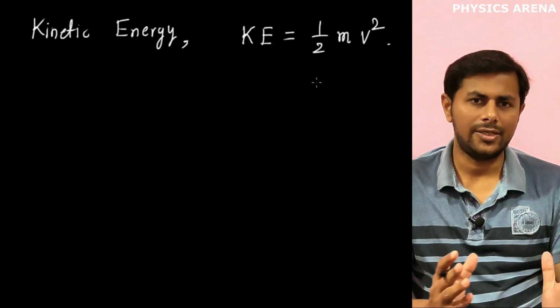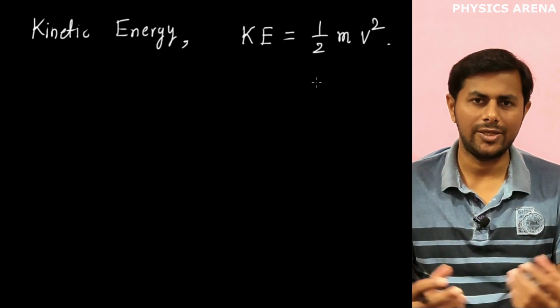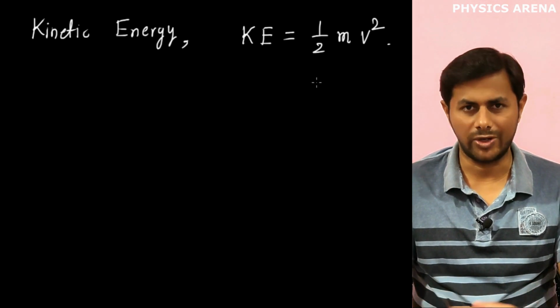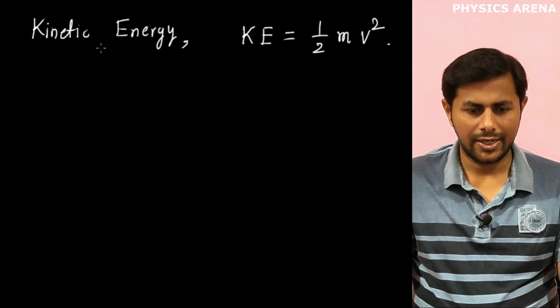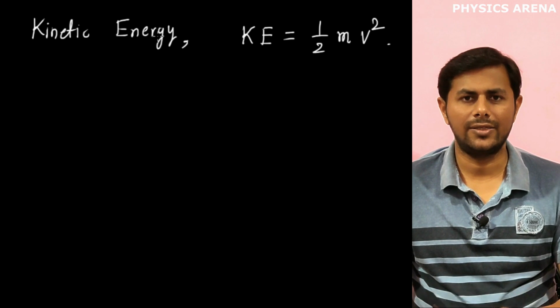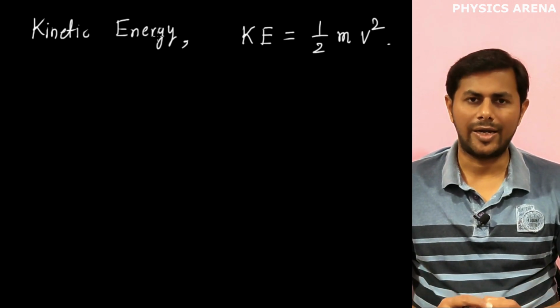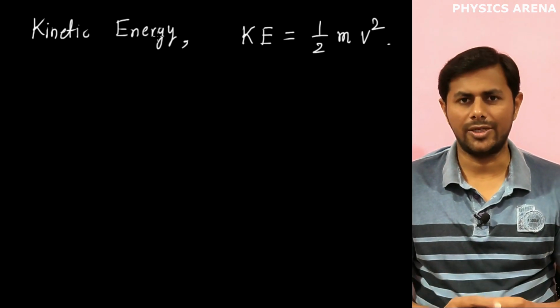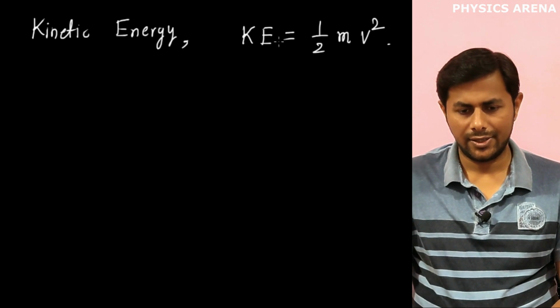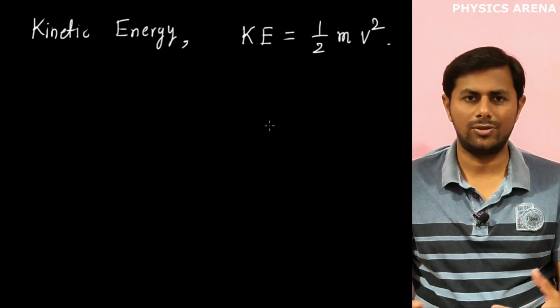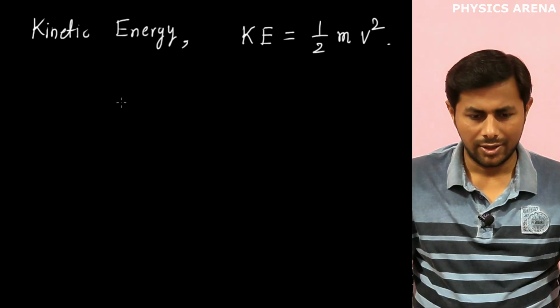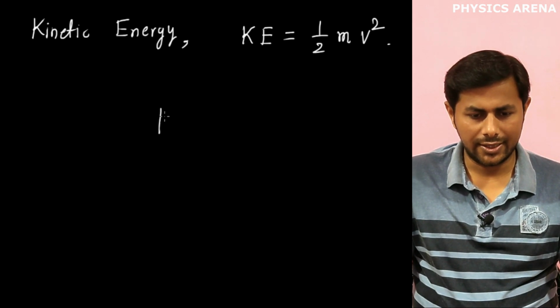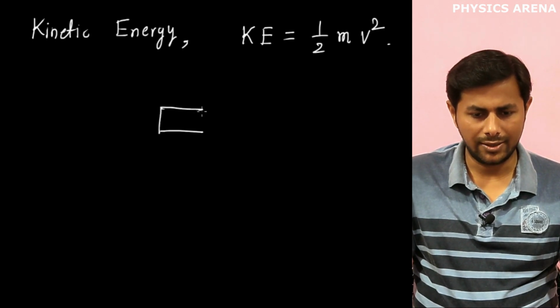Energy is defined as the capacity of an object to perform work, and kinetic energy we define as the energy possessed by an object due to its motion, and how it is responsible for performing any kind of work. So let's consider again the example of the cart.